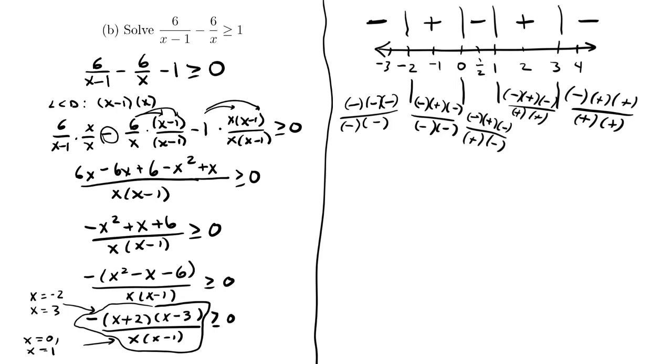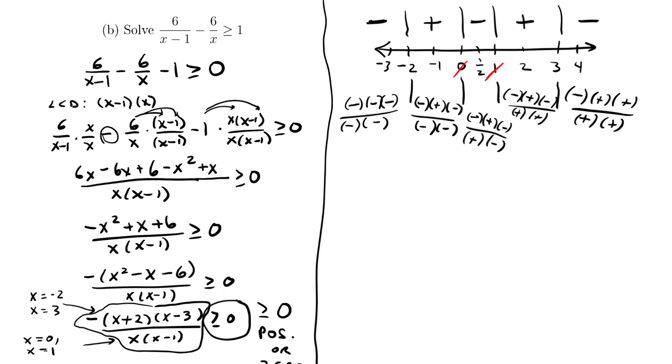All right. So we just about have it now because I have to look. Let me go back. What did I want? I wanted greater than or equal to 0. So I want positive or 0. Now remember, I didn't cross them out originally, but I can't take 0 or 1 because those are numbers that make the denominator 0.